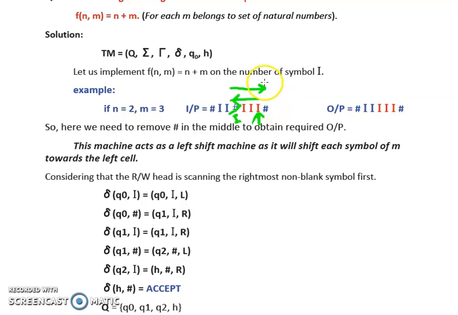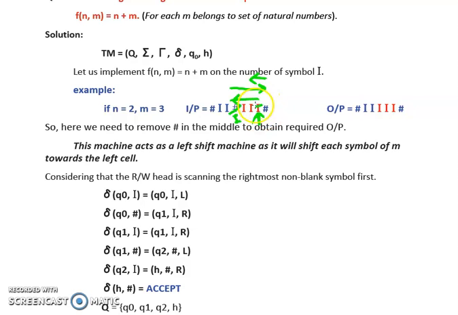Now, after reaching the hash, we know that this is the last I and it has to be replaced by a hash. So we need to move only one position to the left direction. From this hash, we want to move only one position to the left and replace this I by a hash.